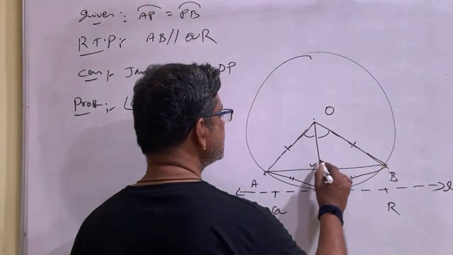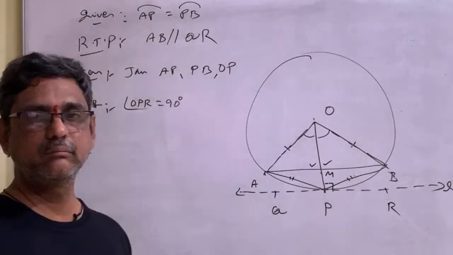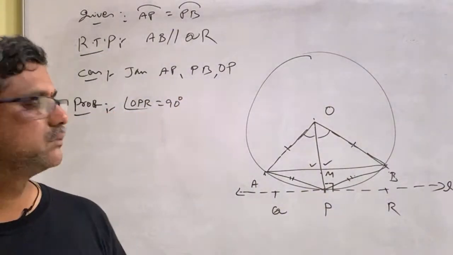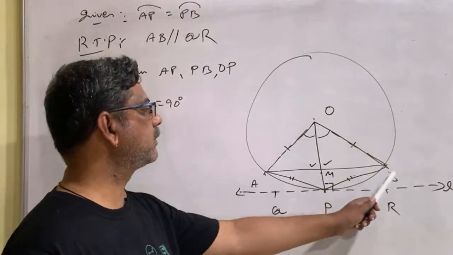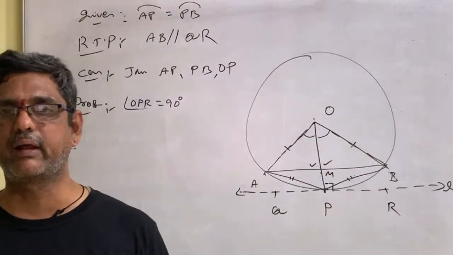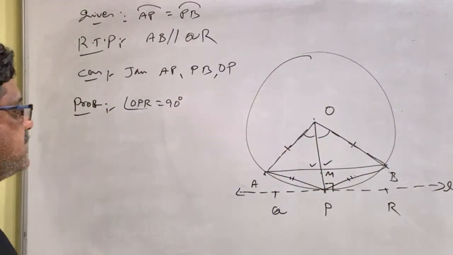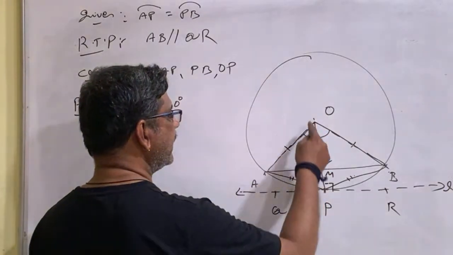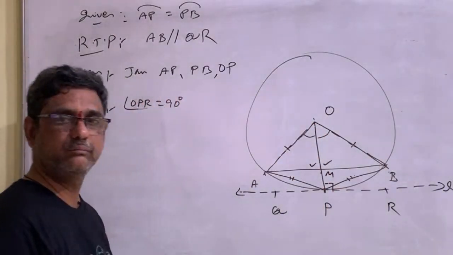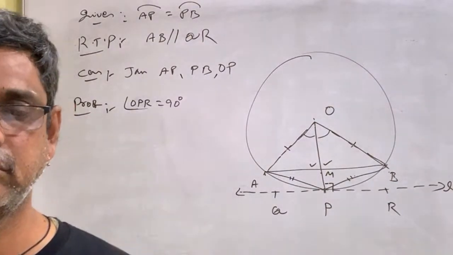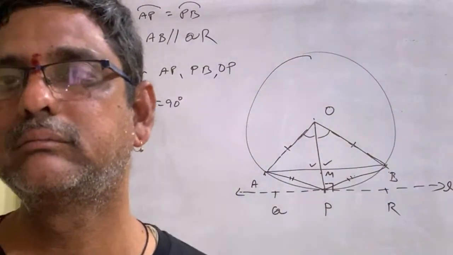Triangle AOM is congruent to BOM by SAS congruency. By CPCT, angle OMA and angle OMB are equal, but they form linear pair.